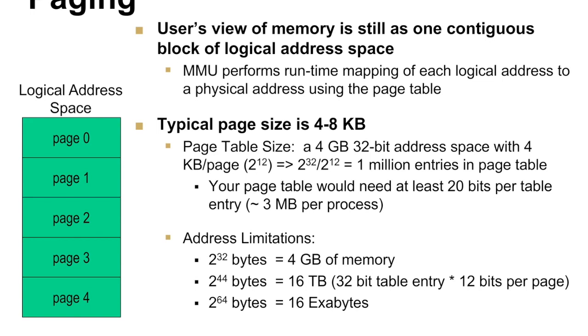And if we looked at a 64-bit machine, the address space is now up to 16 exabytes, which in modern times is more memory than you can get on a single machine.